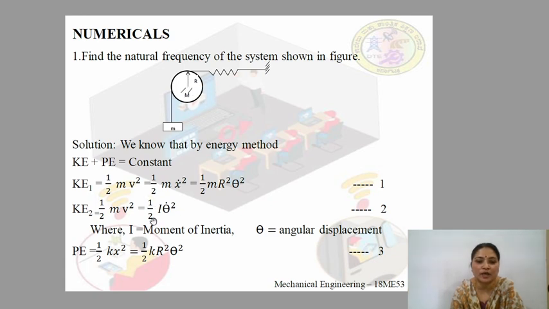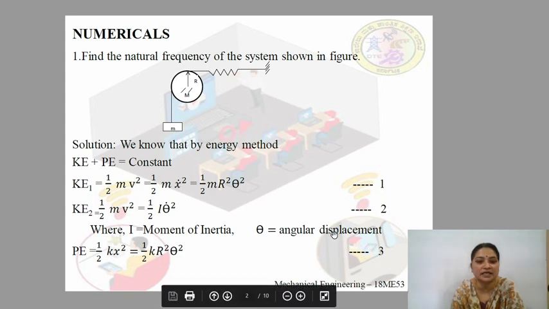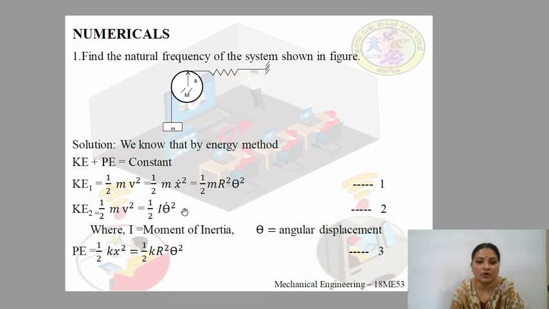So it is 1 by 2 I theta dot square, where the rotational angle is assumed as theta. Let us call this equation number 2. Here I represents the moment of inertia of the pulley and theta is the angular displacement. This is about the kinetic energy of the two masses.